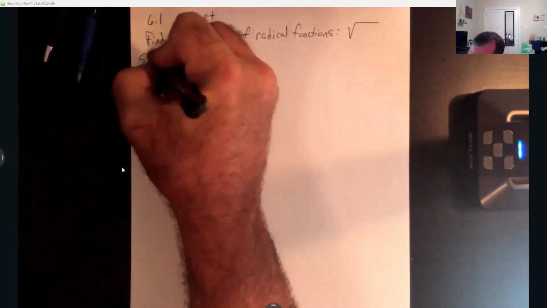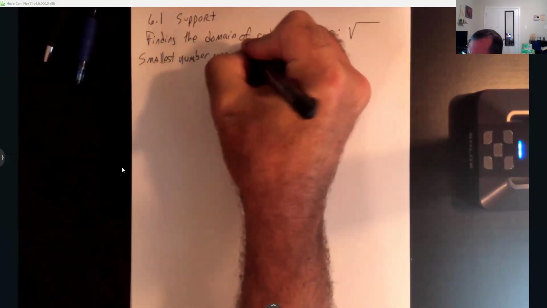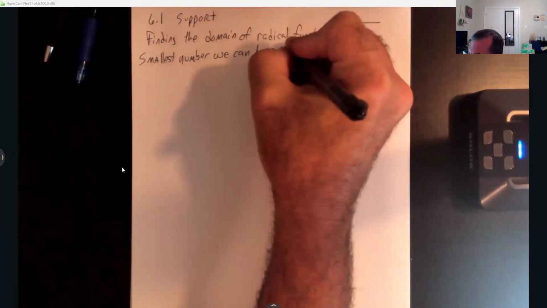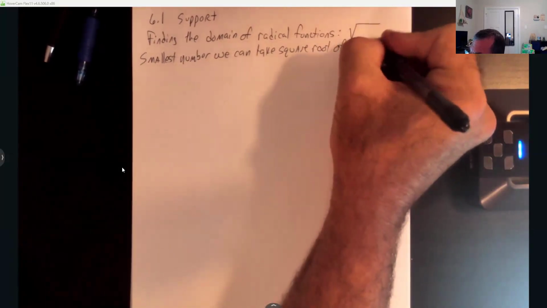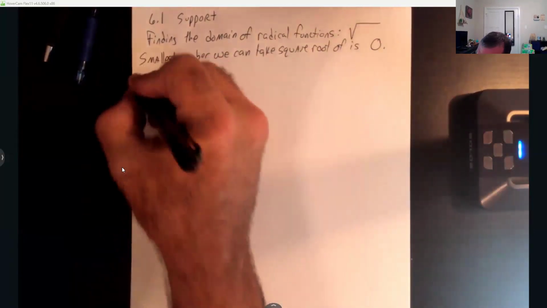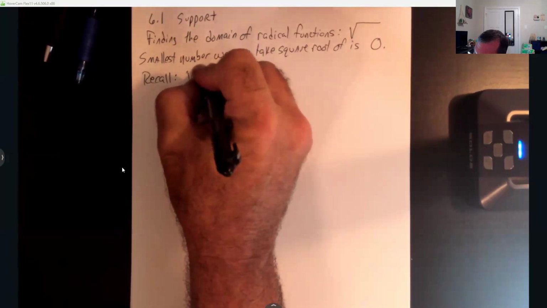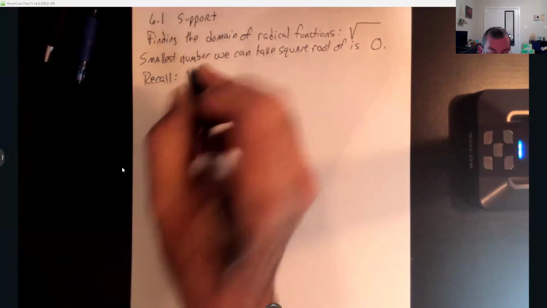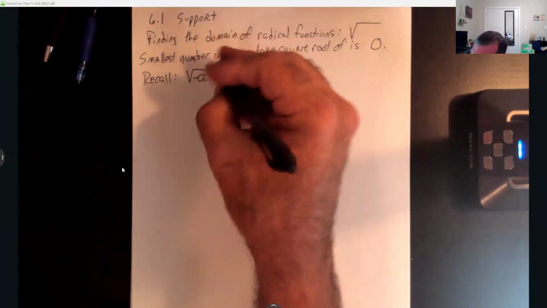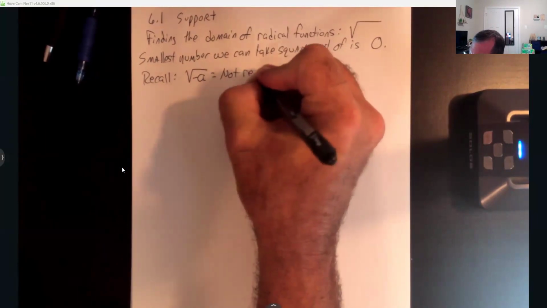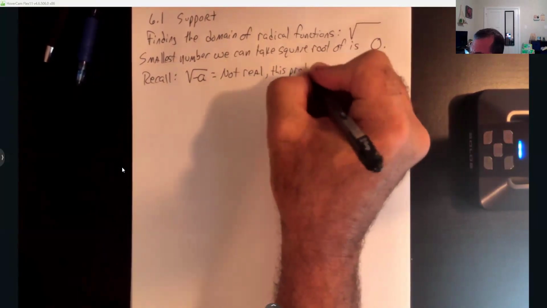So remember, the smallest number we can take the square root of is 0. Recall this: the square root of any negative number gave me imaginary answers. So these are not real. This produces imaginary numbers.